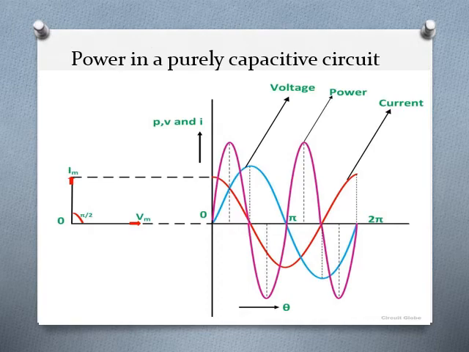That is, there is no flow of current at that time. When the value of voltage is decreased and it reaches the value of pi, the current attains its peak value in the negative half cycle. As a result, the capacitor starts to discharge. This cycle of charging and discharging continues.